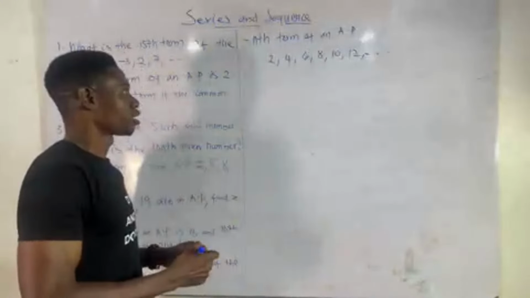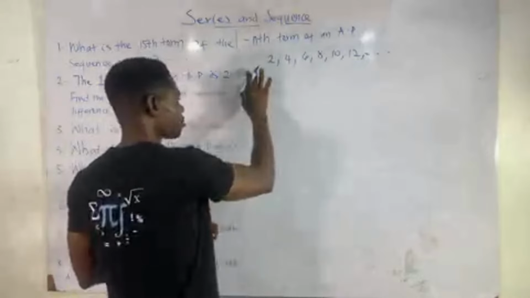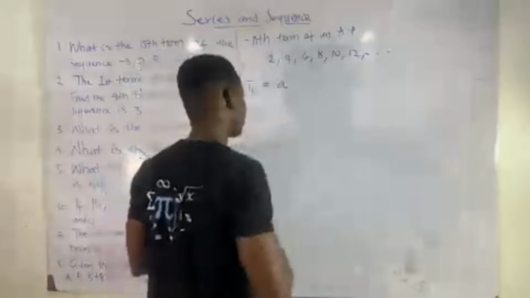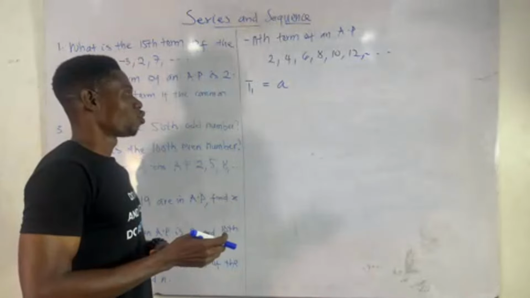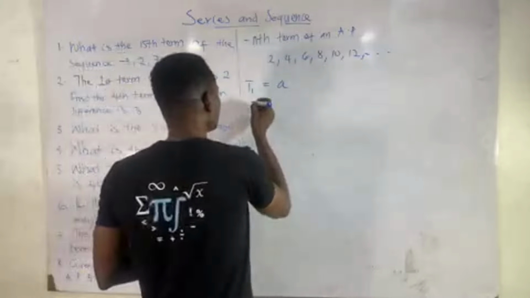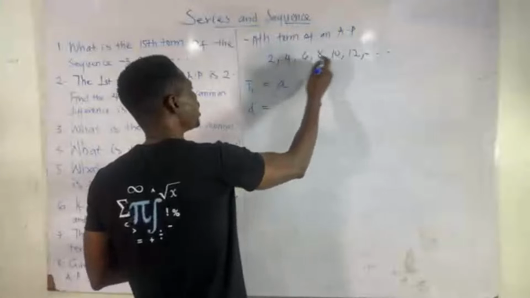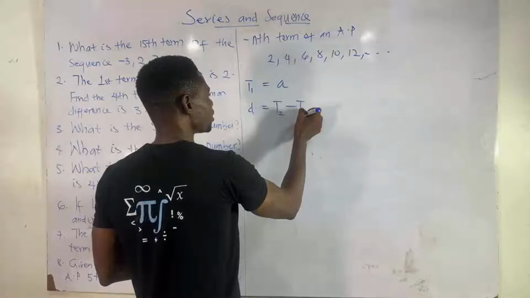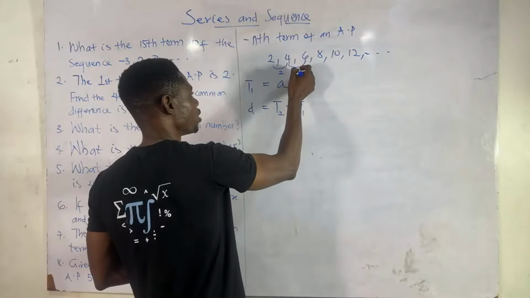Now, the first term, T1, for the sake of convenience, we're going to be calling it A. Now, the common difference which makes it an AP is either the second term minus the first term. That's 4 minus 2, 2, right? Or 6 minus 4 is 2, isn't it?